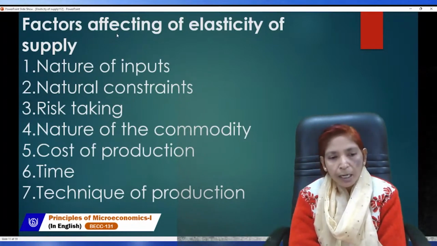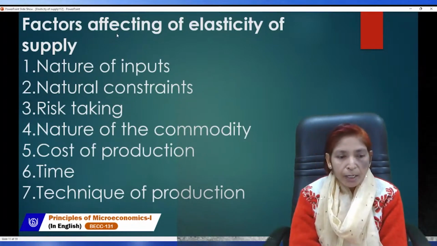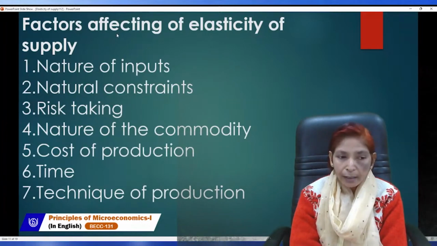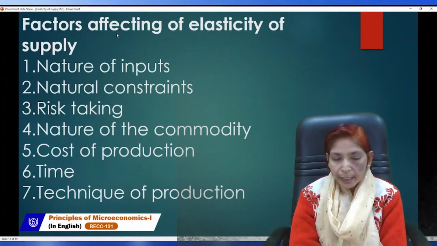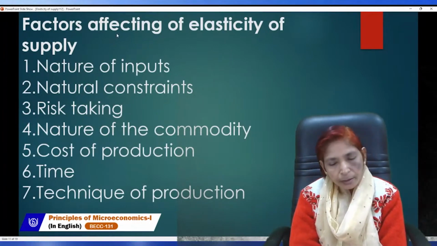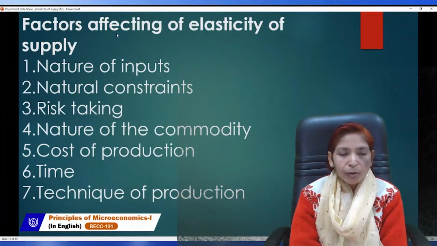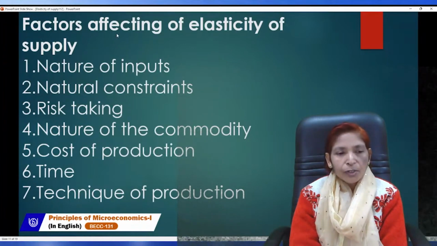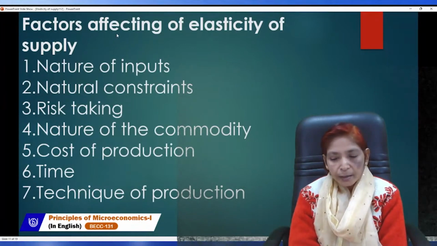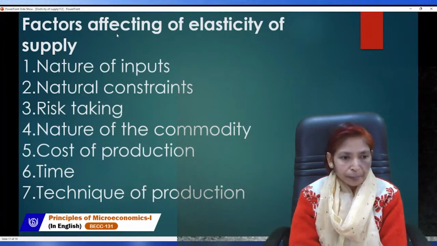Next point is time. As you know, Marshall has divided the time period into three categories: one is very short period, second is short period, and third is long period. So here we are discussing three types of time period which were categorized by Dr. Marshall.